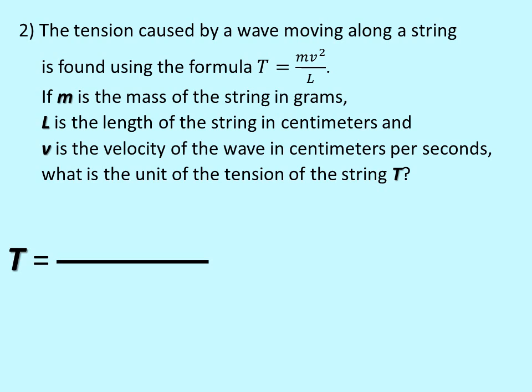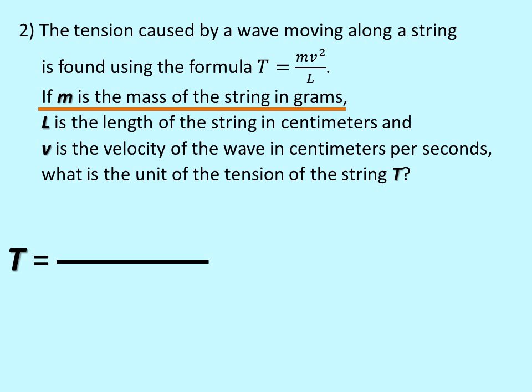Okay? I'm going to read this to you again, and I'm going to start on the line that says if m is the mass of the string in grams. We're talking about m. M is in the top of your fraction, in the numerator of your fraction.